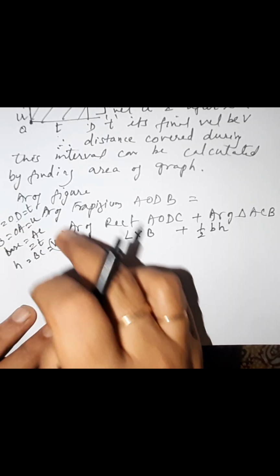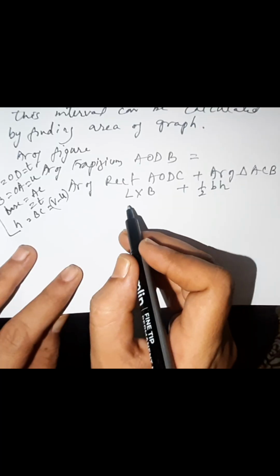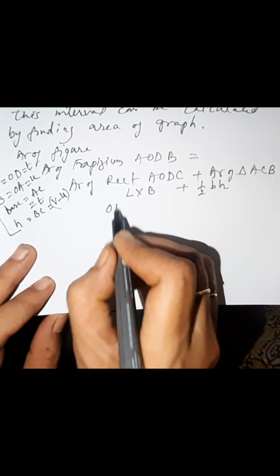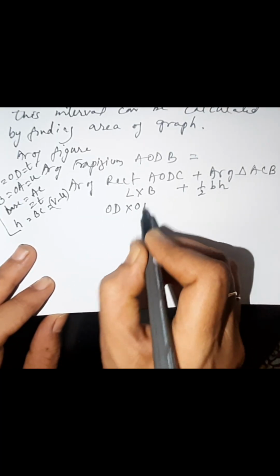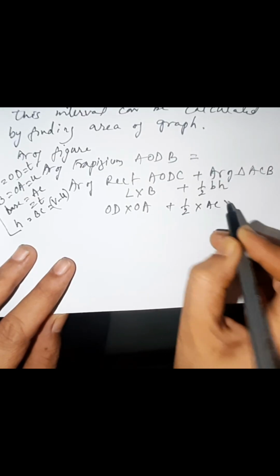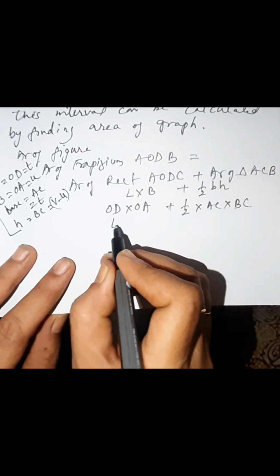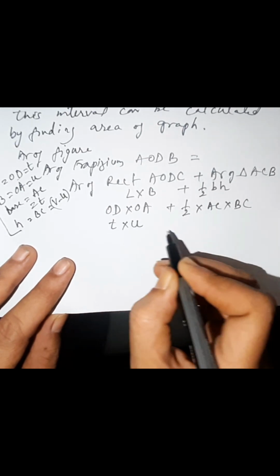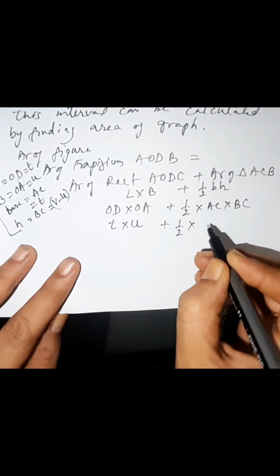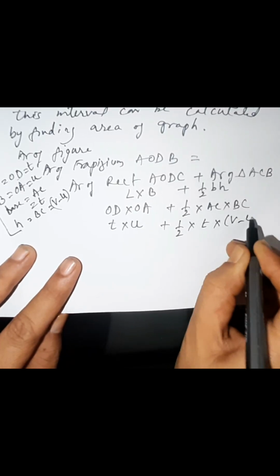We are going to use all these values over here. Now length of rectangle OD, breadth is OA, base of triangle is AC, height of triangle is BC. OD is t, OA is u, AC is t, BC is v minus u.